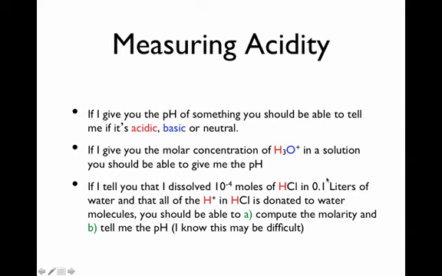And again, I would give you the formulas. To do that, you'd just have to be able to use the formulas. And once you computed the molarity, then you should be able to tell me the pH by using the pH formula, again, which I would give to you. It's a multi-step problem, so it might be difficult for some of you, but that is a type of question that I could ask. So that's the end of sort of pH and acidity.